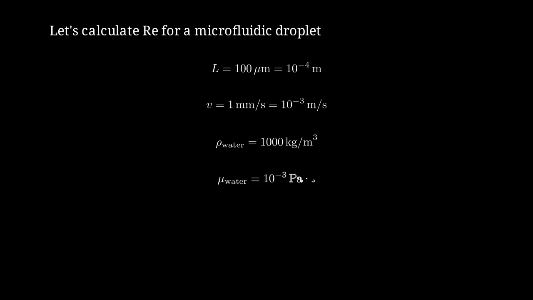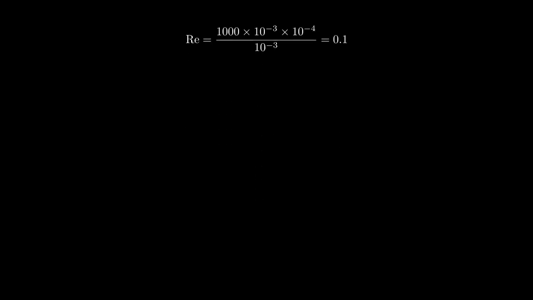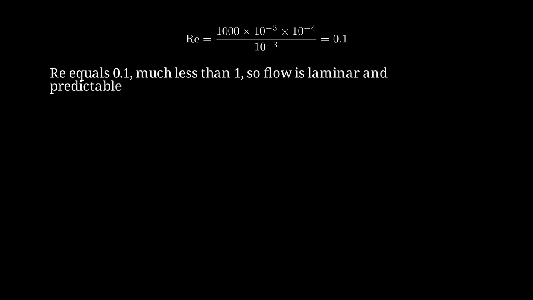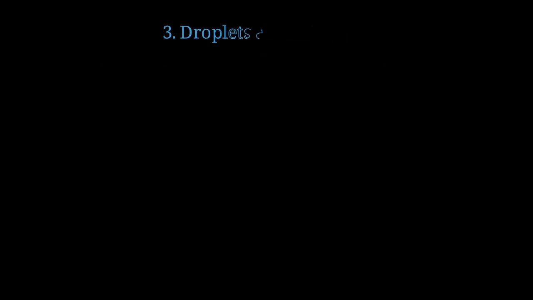Water viscosity is about 10^-3 Pascal seconds. Plugging in our values, Reynolds number equals 1,000 times 10^-3 times 10^-4 divided by 10^-3, which gives us 0.1. With a Reynolds number of 0.1, much less than 1, the flow is completely laminar and predictable, which is perfect for computation.